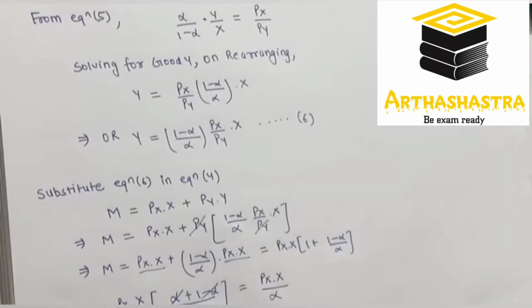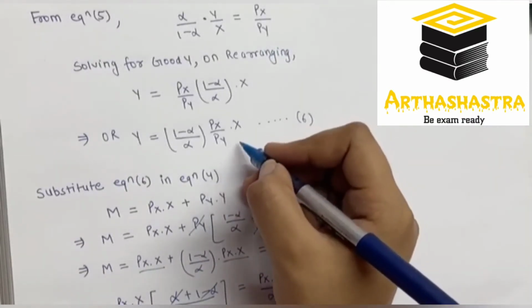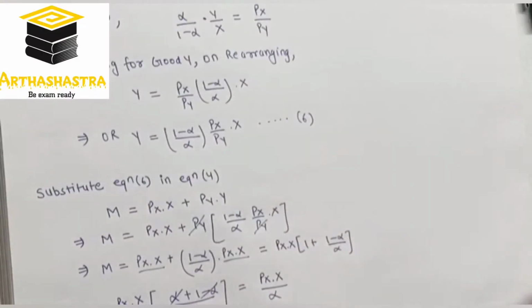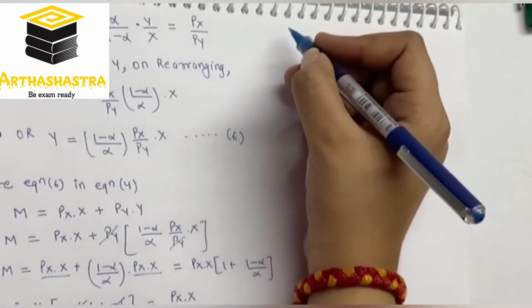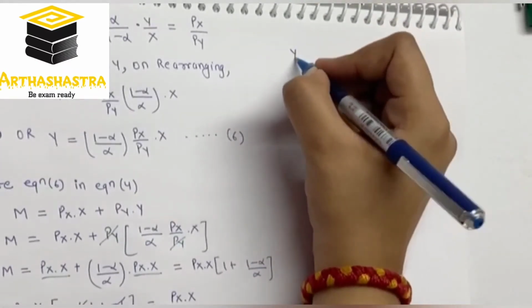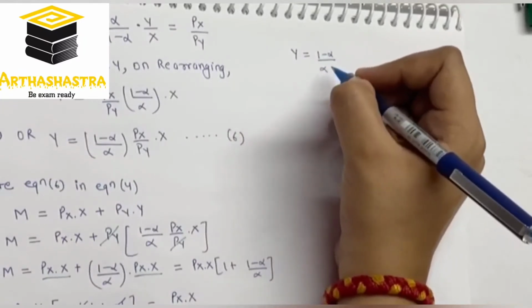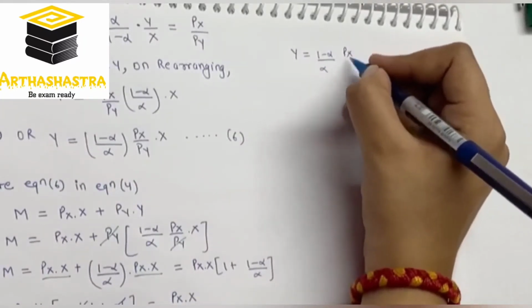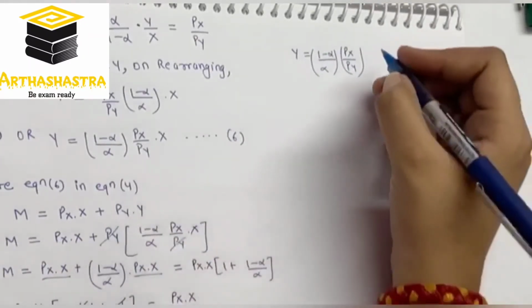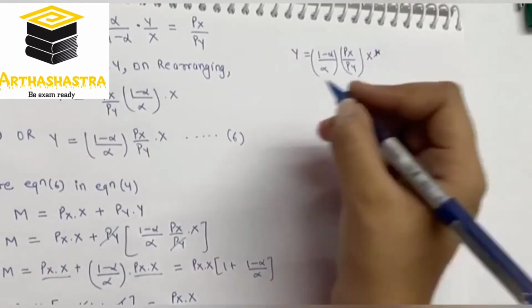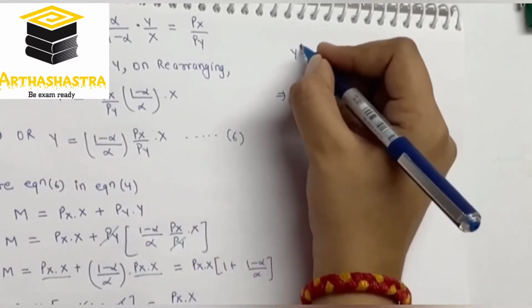Okay, now to find the Marshallian demand function for good y, we will substitute this function in equation number 6. So let's start substituting. So we have y as 1 minus alpha over alpha px over py. We substitute for x star to get y star.